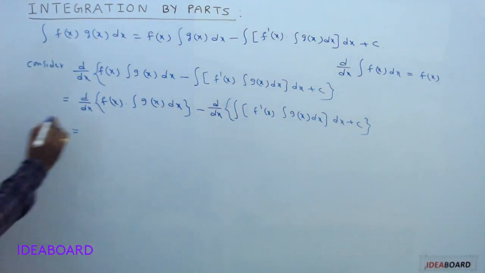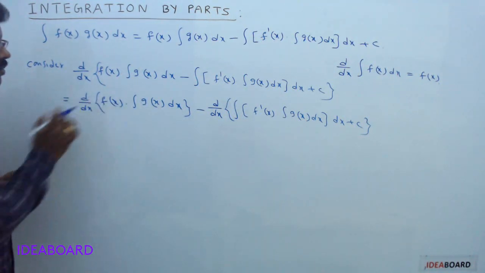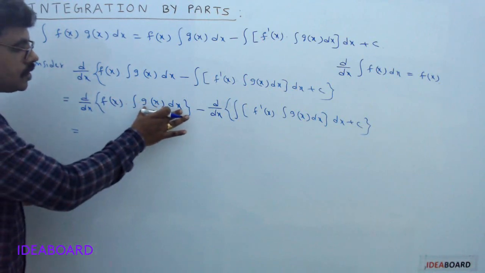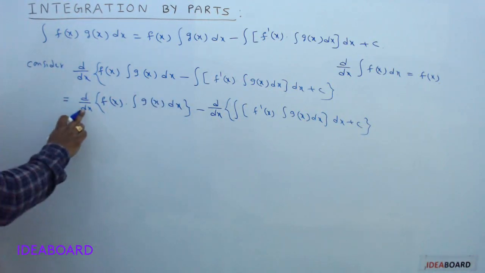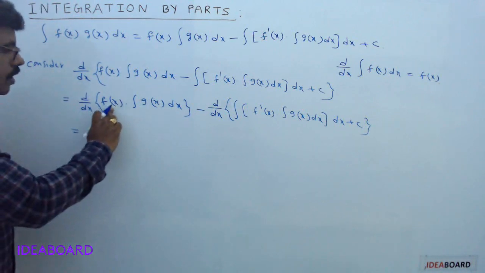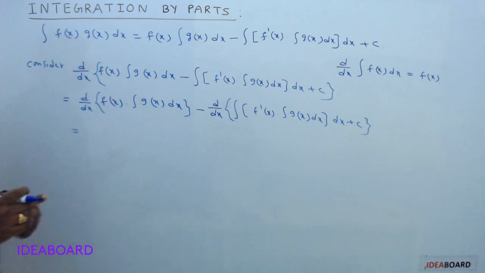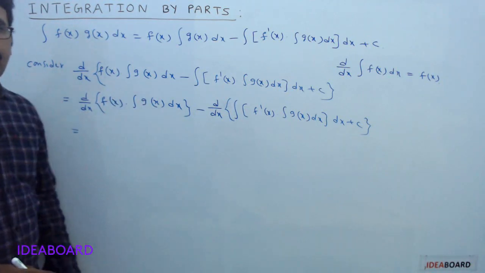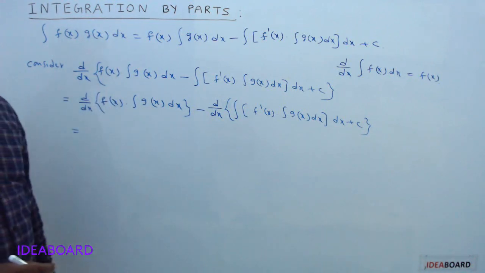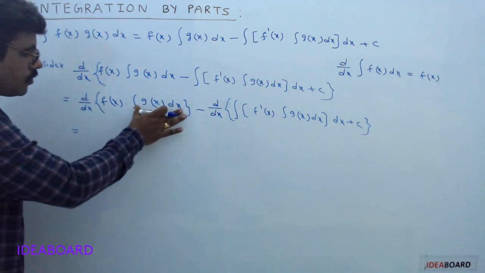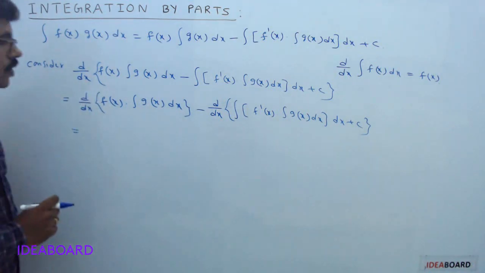Now observe this first term: f of x is one function, integral g of x dx is another function. It looks like a derivative of a product of two functions. What is this formula? First function into derivative of second function plus second function into derivative of first function. Use that formula.